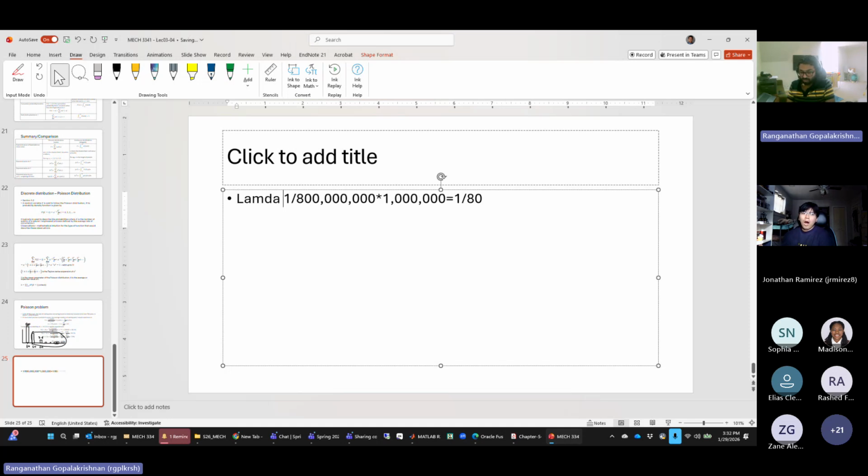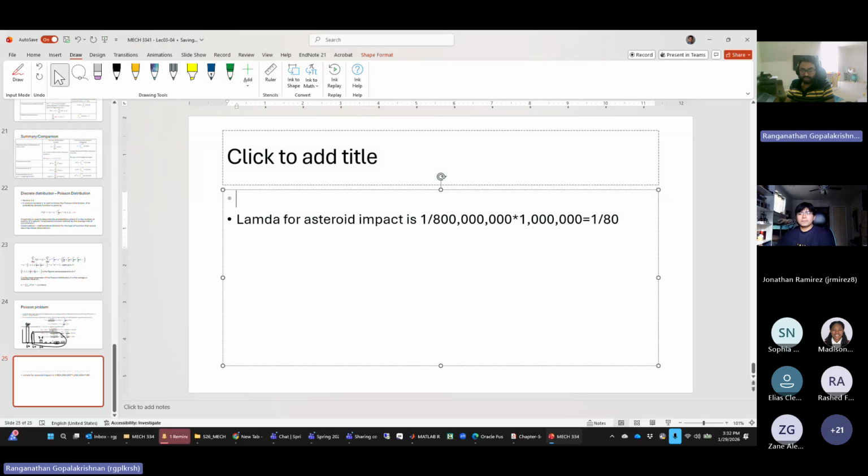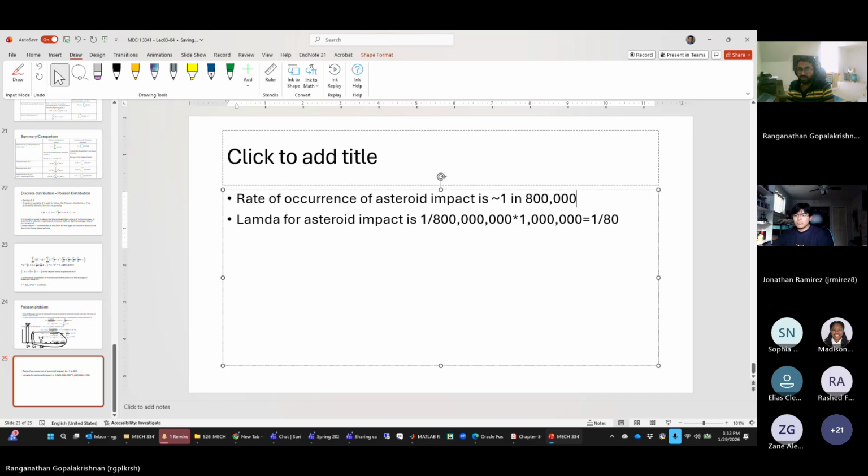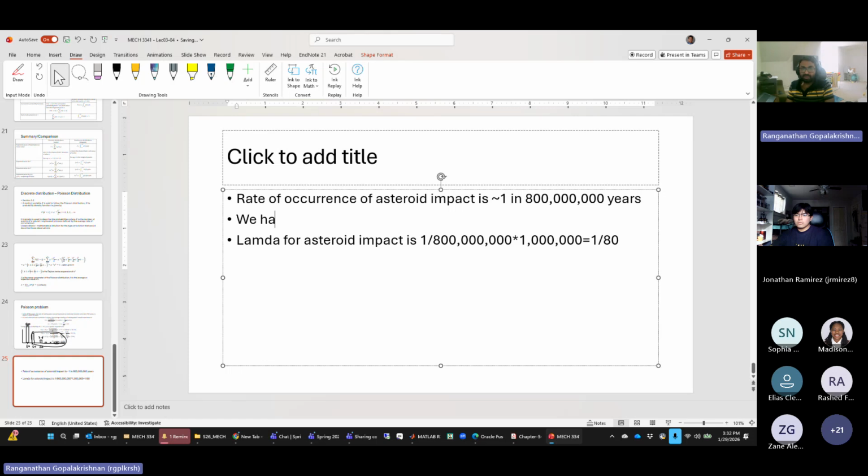So lambda for asteroid impact, I should start from here: the rate of occurrence of asteroid impact is about 1 in 800 million years. We have been active as a species for 1 million years.